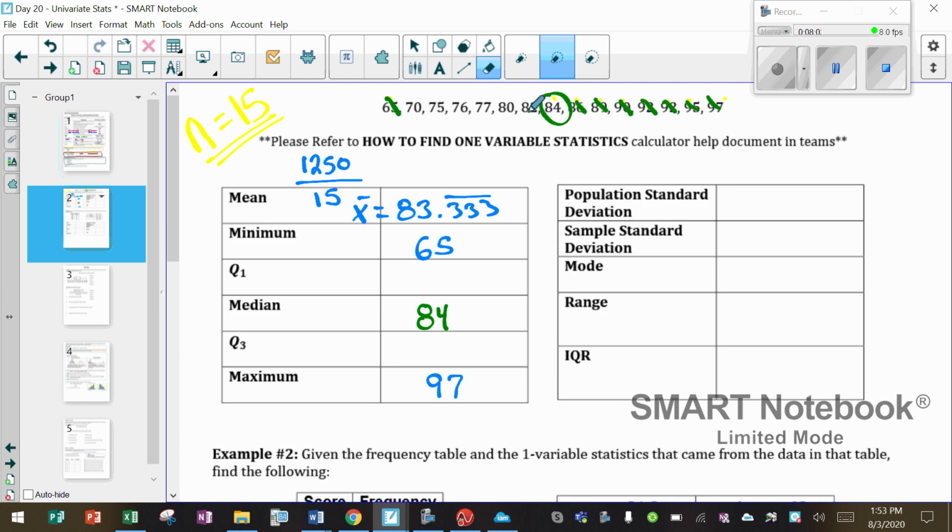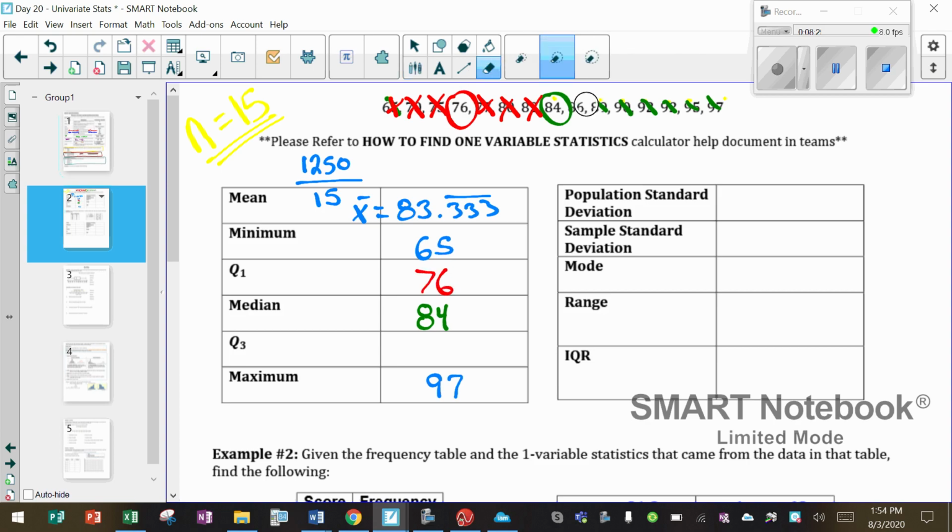So without counting the median, I go through the same process that I used to find the median. I'm going to count in from each end, from the minimum and from the median, to find the middle of the minimum and the median to get my Q1 of 76.